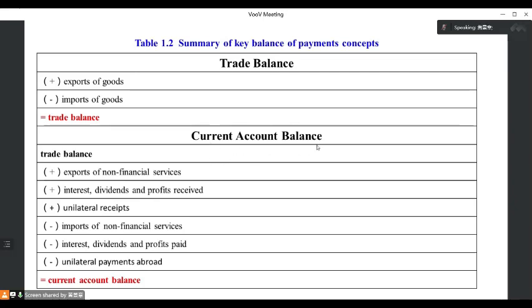Let's see the current account balance. Trade balance, plus exports of non-financial services, plus interest, dividends, and profits received, plus unilateral receipts.